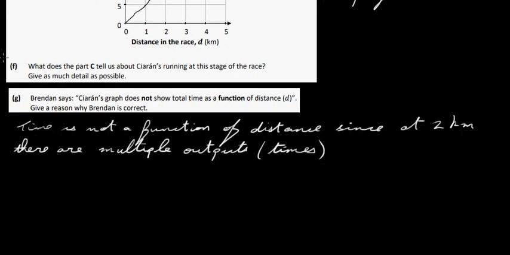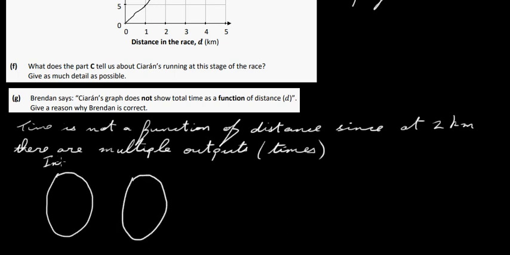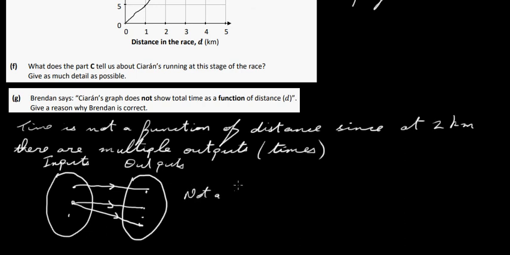I mean, in set diagram and Venn diagram form, if you have, say, your inputs and your outputs, so these are your inputs here and these are your outputs. So say you have a few inputs here and a few outputs here. If this input goes to this output, this input goes to this output, and this input here also goes to this output here, then this is not a function.